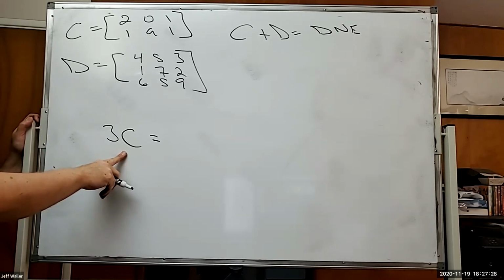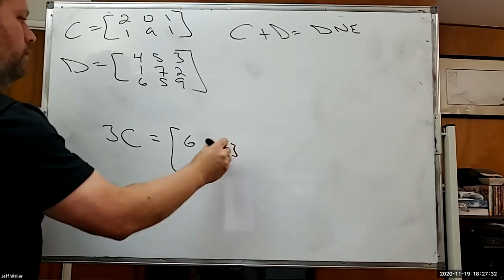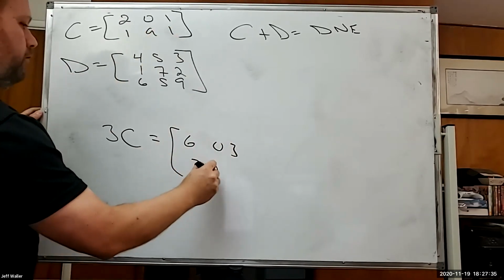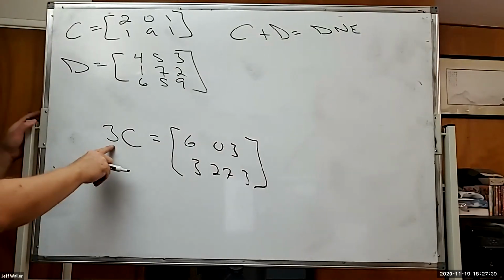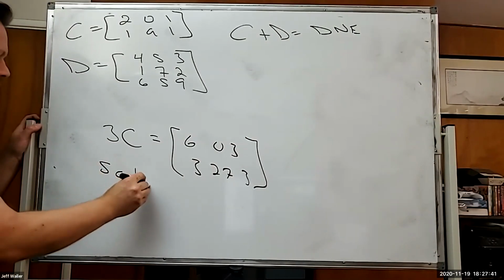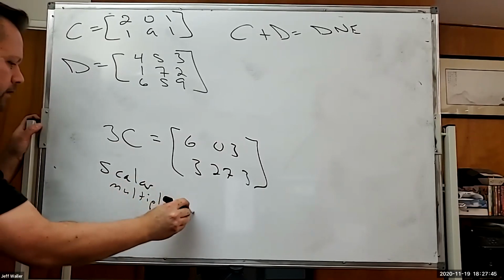Would you multiply all the numbers by 3? Yeah, so you get 6, 0, 3. You can do it, Jeff. 3, 27, 3. Yeah, exactly. Thank God. So that's scalar, good old scalar multiplication being its easy old self.